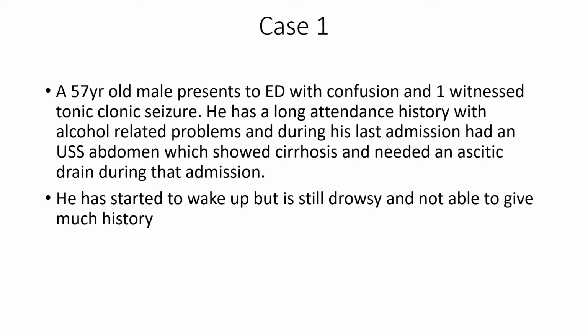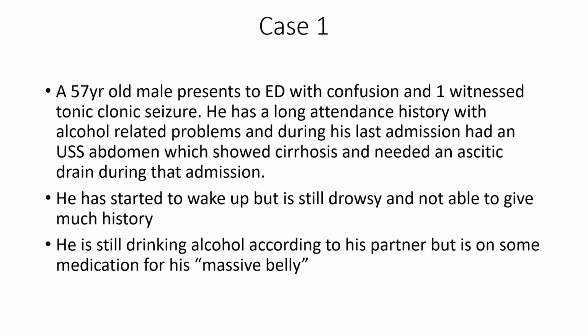This time he started to wake up post-seizure, but he's still quite drowsy and he's not really giving you much history. It's not quite clear how much of that is due to post-seizure, alcohol, or whatever else. He is still drinking alcohol according to his partner, but is meant to be taking some medication for his massive belly.